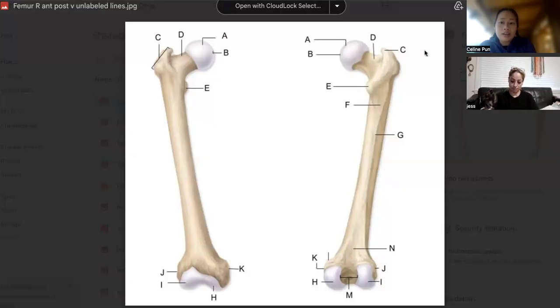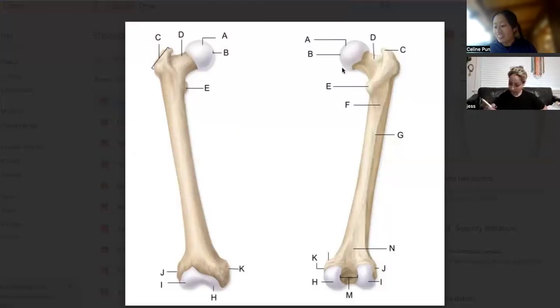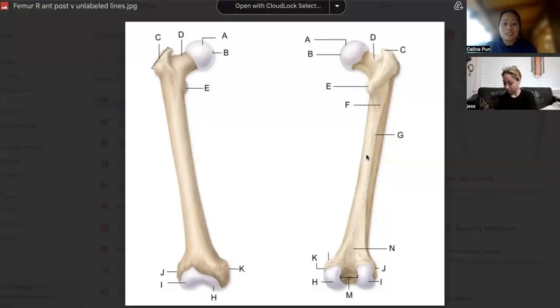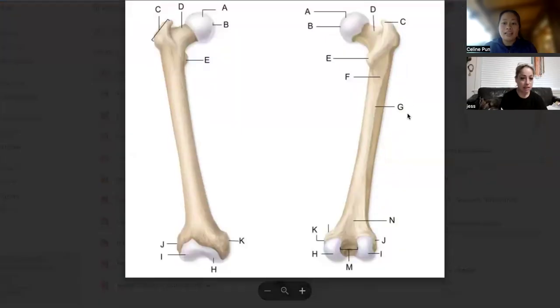And then what's the space between C and E? Between C and E is the intertrochanteric line. Okay, got it. And then what's G? The shaft.